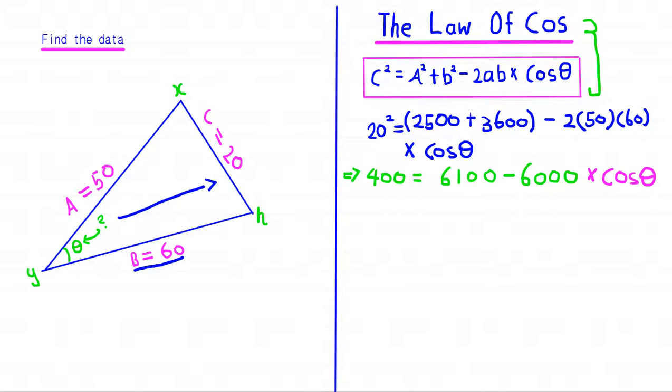We need to isolate cosine of theta on the right side in order to find it. We can simplify the rest of the expression and subtract 6,100 from both sides.